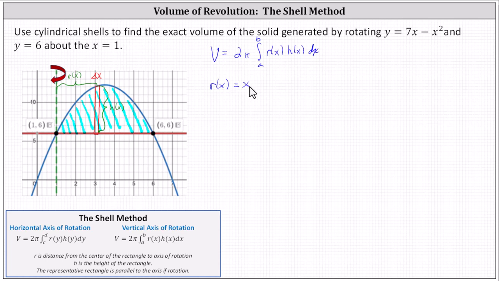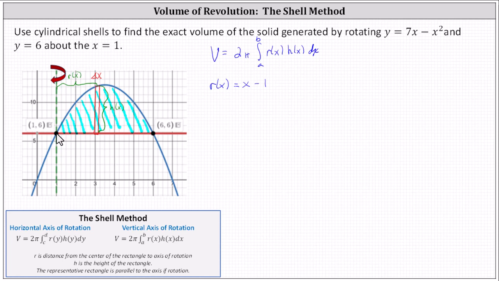And this should make sense because notice when x equals 1, right here, the radius is actually 0, and 1 minus 1 is 0. Similarly, at x equals 6, the radius is actually 6 minus 1, or 5. Notice this point is 5 units from the axis of rotation: 1, 2, 3, 4, 5.